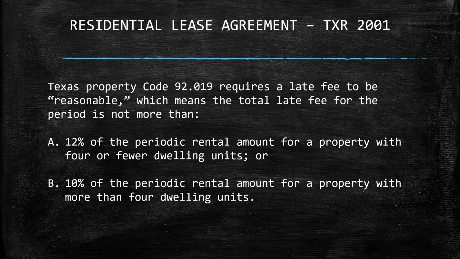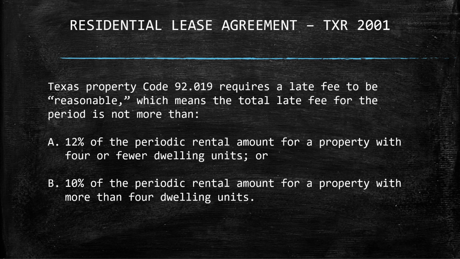So if we're dealing with a property with 4 or fewer dwelling units, so a 4-plex or less, then a reasonable late fee is not more than 12% of the periodic rental amount. Now, this would include the initial late fee plus all of the additional day late fees that we are charging. So once you total all those up, it cannot exceed 12% of 1 month's rent. If we go beyond that, then the late fee is not considered reasonable under the Property Code.